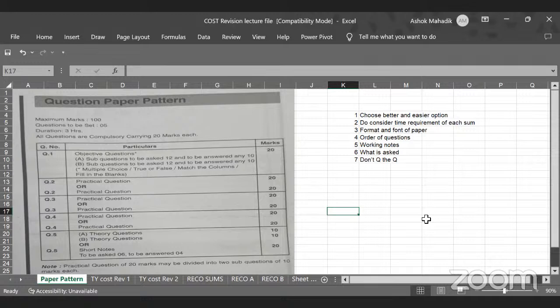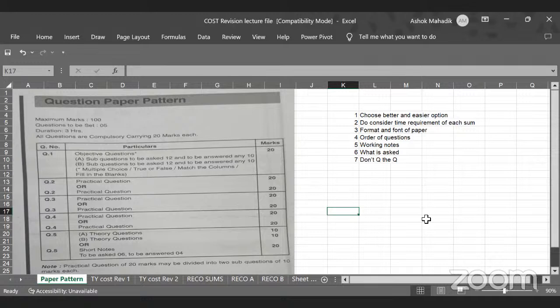All questions are compulsory. Each question carries 20 marks. Question 1 will be objective questions. In that, most probably you will have MCQ, that is multiple choice questions, and along with that, either you will have true or false or match the following. Chances of true or false are more.